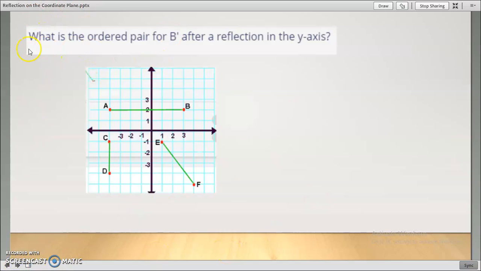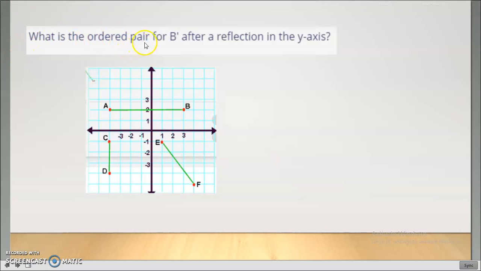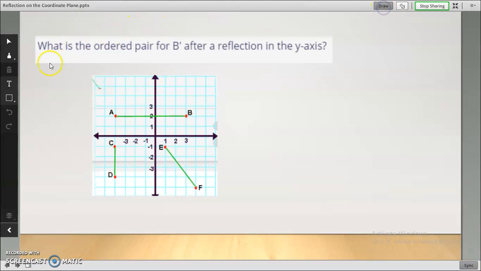So let's do an example. It says, what is the ordered pair for B prime? That's just how you denote a transformation, a reflection over the y-axis. So here's my y-axis, and here's point B. To reflect across the y-axis means to go to this side. So my y value will stay the same, but my x value is going to change.